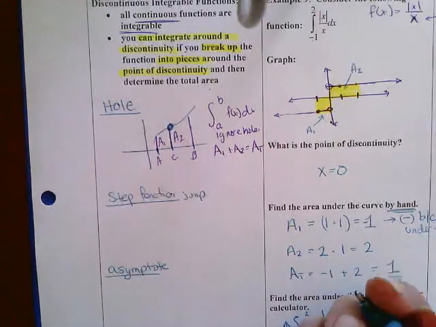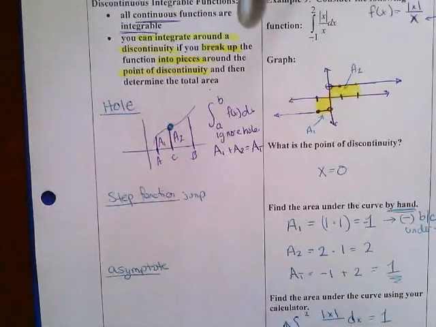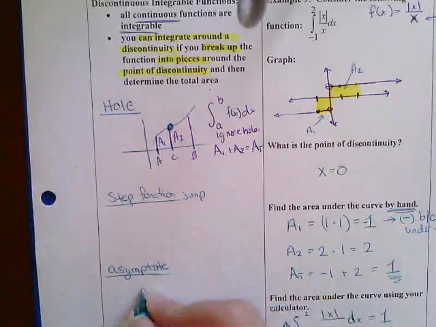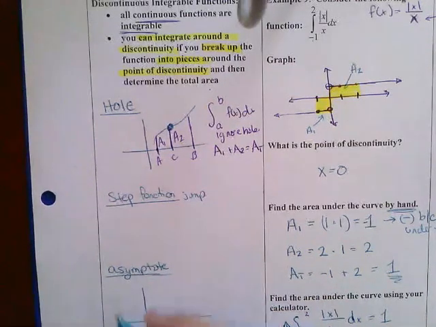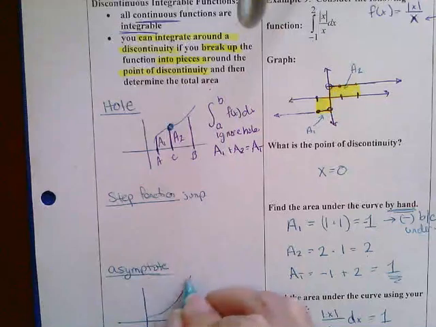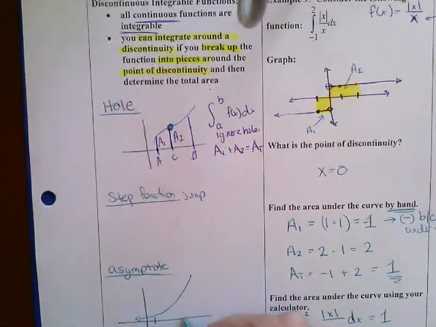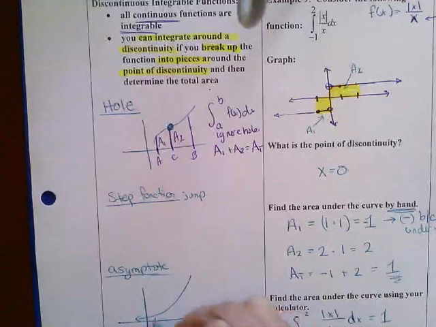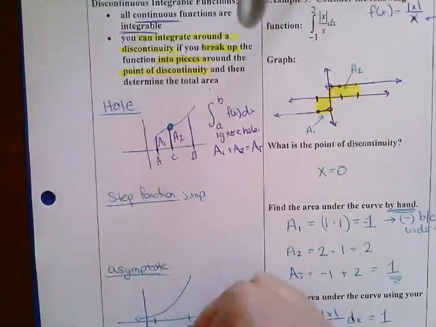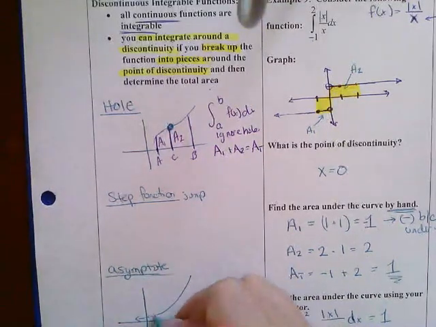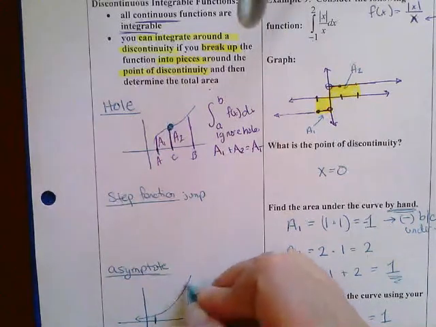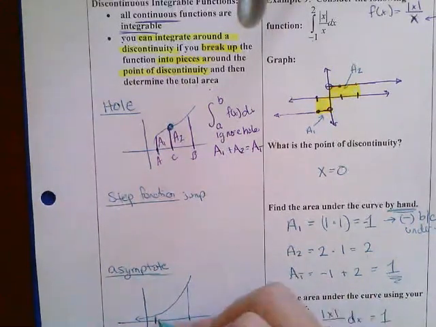One thing we do have to know about an asymptote, and let's recall what that looks like. Here's A, here's B. If we were to take the area from A to B, this would work just fine.